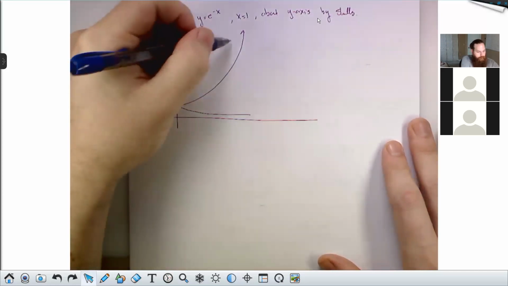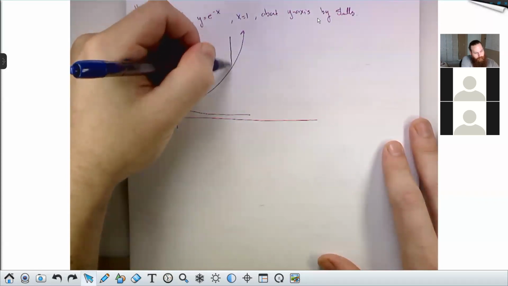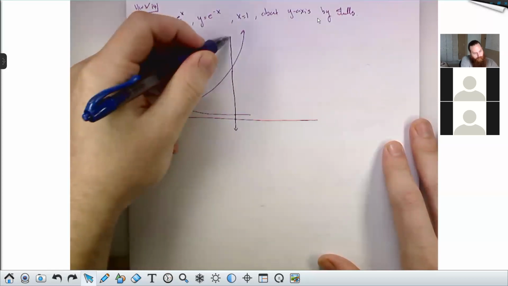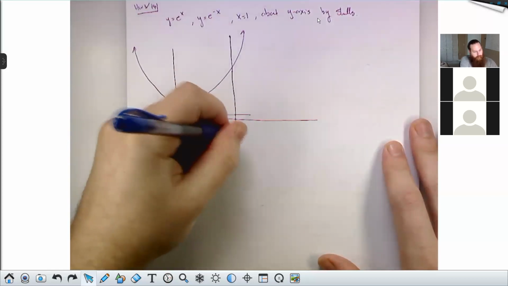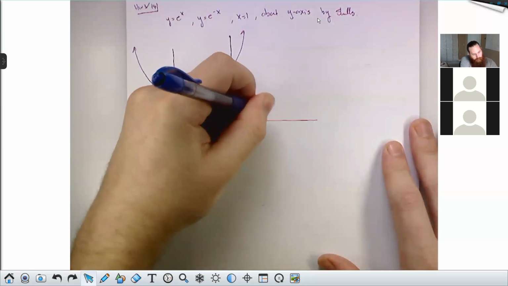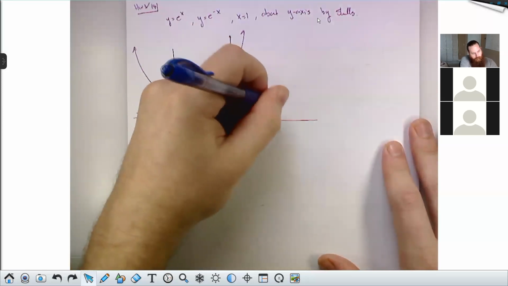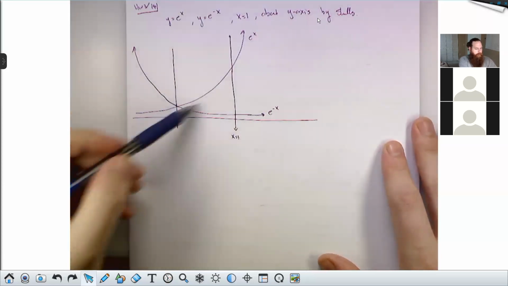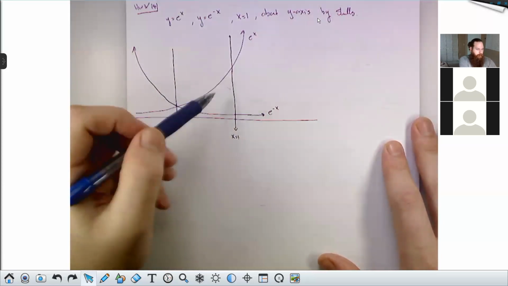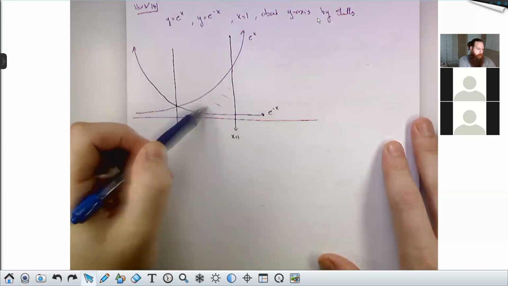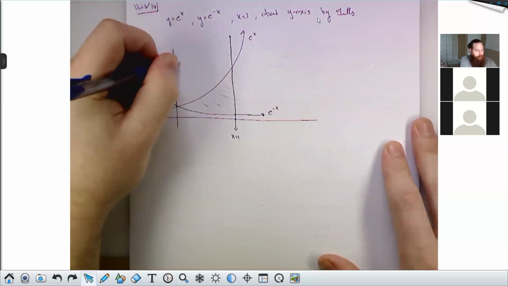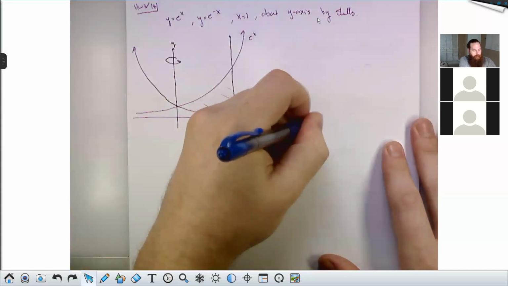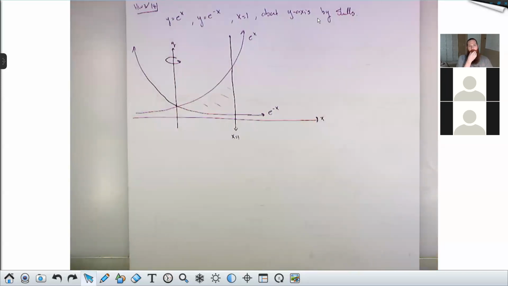And x equals 1, we'll say is right here. So the region that's enclosed is definitely this region. And we want to revolve this around the y-axis. So this is my picture.